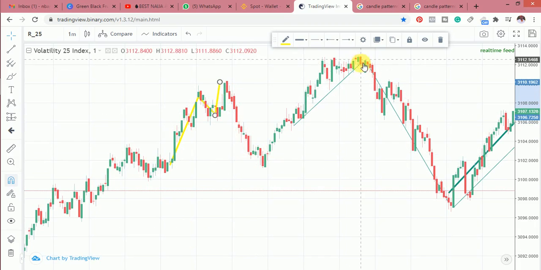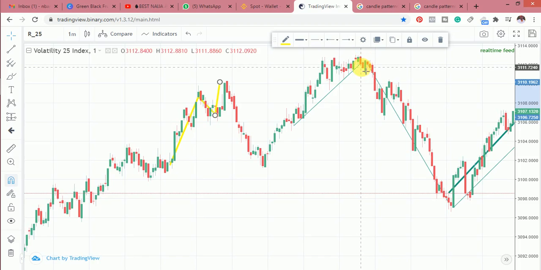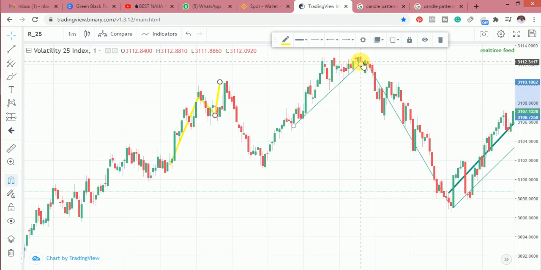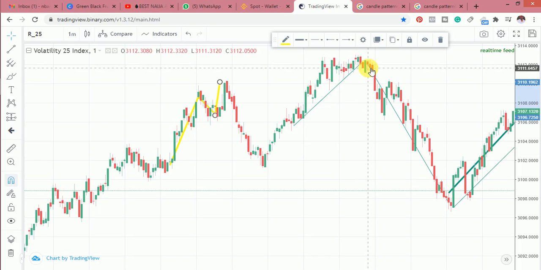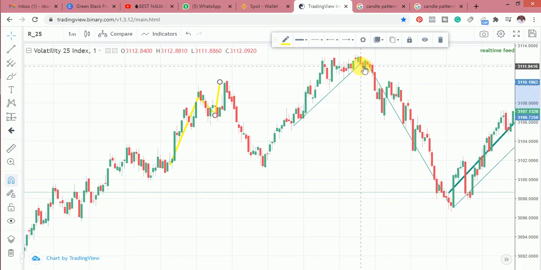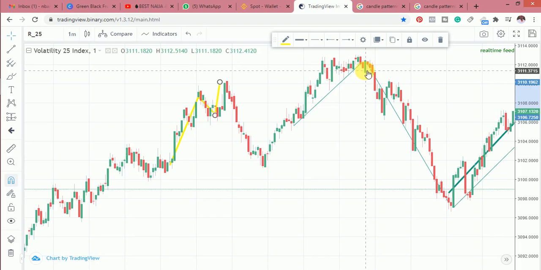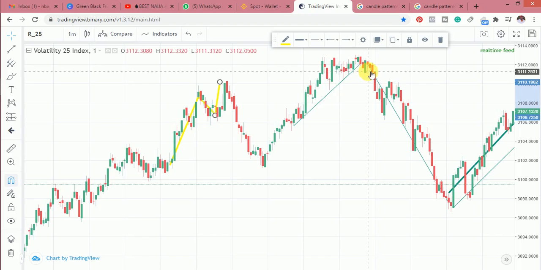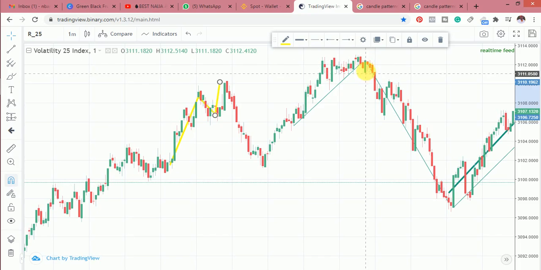All right, look at this other part here. You can see the first indication, and this is normally very good on MT5, that is MetaTrader, but on options, if you have entered a trade here, I normally advise, especially when it's starting, to enter a trade for 5 minutes. The reason for 5 minutes is that if in 3 minutes it doesn't go as you want, maybe there's a kind of reversal, such as this particular blue candle you are seeing here.